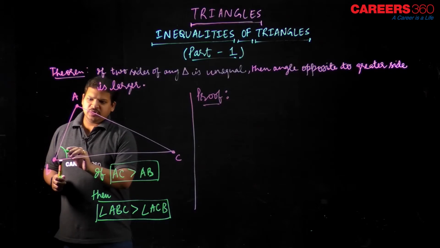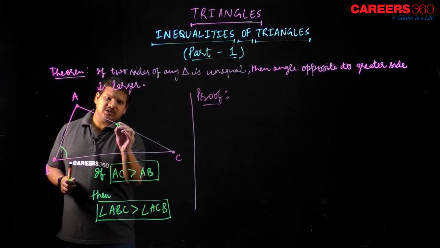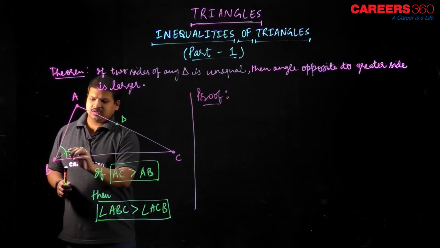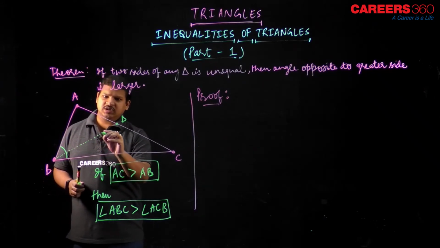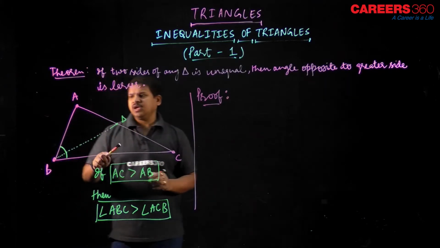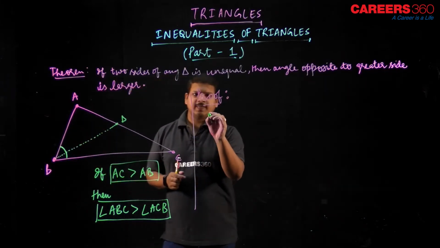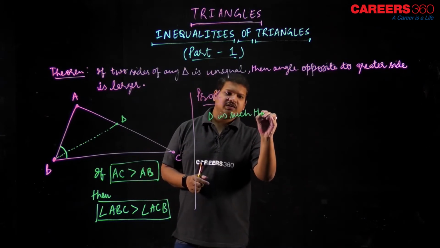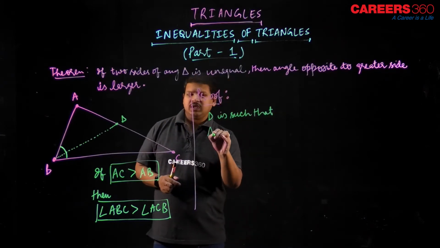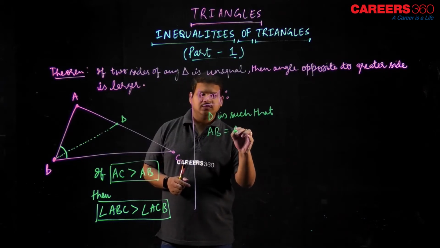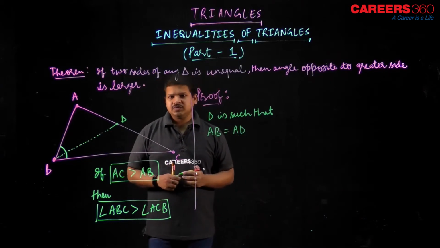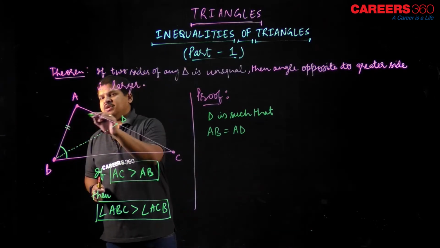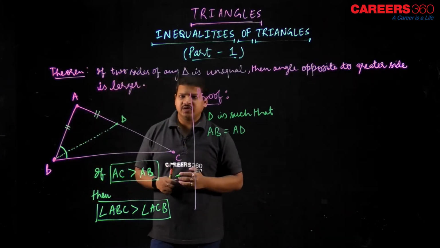I am going to choose a point D and join B to D. D is such that AB is equal to AD. So D is a point located on AC such that AB is equal to AD, right.